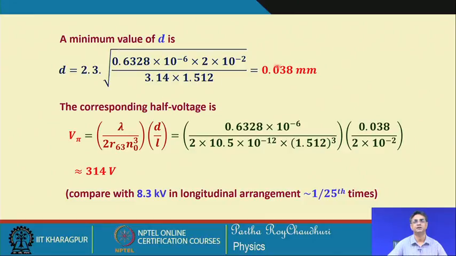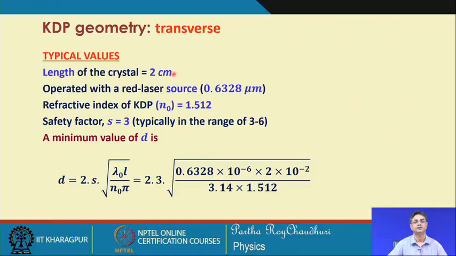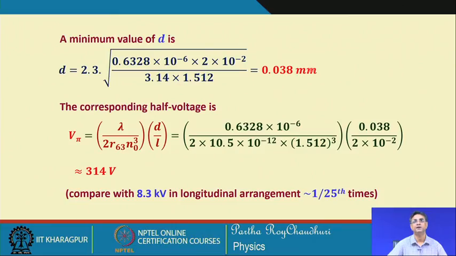So, d on this calculation gives you 0.035 millimeter, which is a very thin width of the crystal. Now if I use this d value in the V pi, that is your half voltage, with L equal to 2 centimeter, which we have already assumed, it has given me a d value of 0.038 millimeter. Of course, you have already included the tolerance factor 3, otherwise it would have been 3 times less.